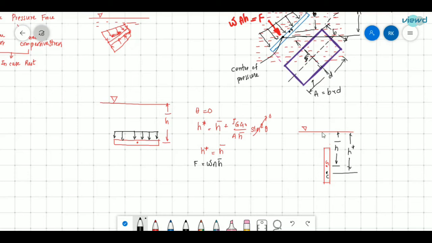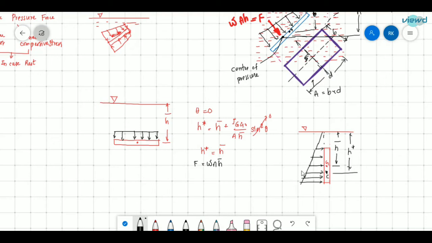So the pressure distribution will be like this, and where will the force be acting?